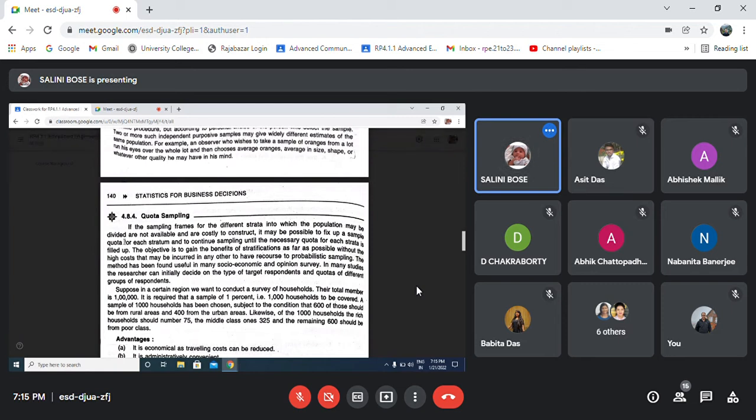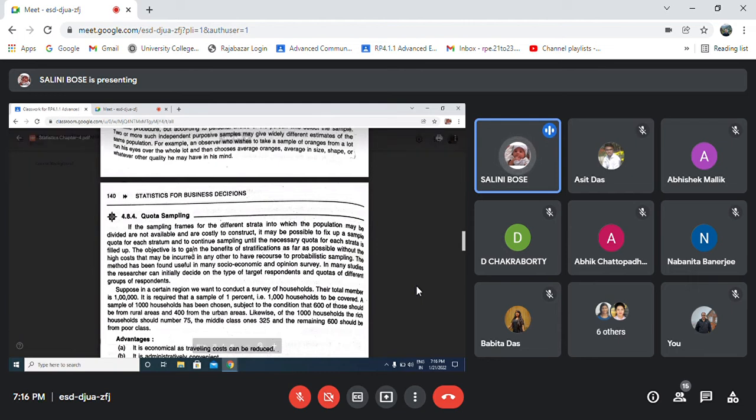Okay? In quota sampling, some fixed condition you have to go through. In stratified sampling there is no such fixed condition. But in quota sampling, within the strata, you have to take the sample with some fixed quota. That is called quota sampling.